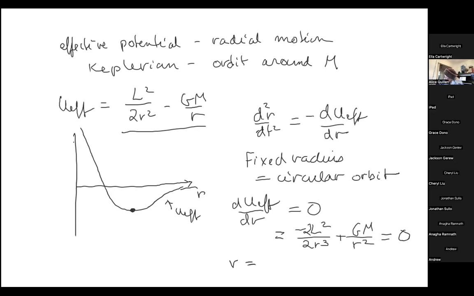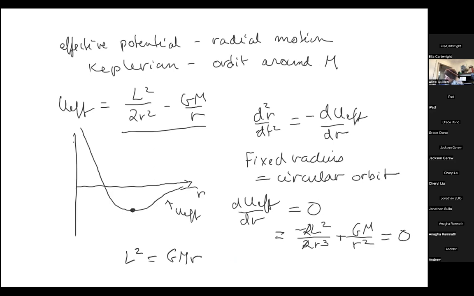And now I can solve for r. I'm going to need to do a few steps here in order to get this right. So get rid of these 2's, and then I have L squared is equal to GM r, right? Yeah, that looks right.